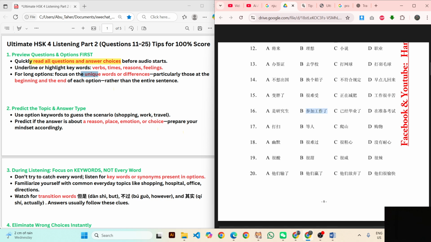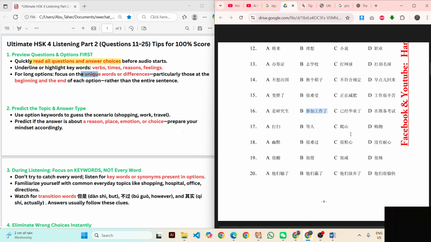Why do we need to read them before listening to the audio? Because we have to know what kind of keywords we have to listen for during the listening part. The listening part would be long and we cannot understand everything, so we just need to listen for the keywords.